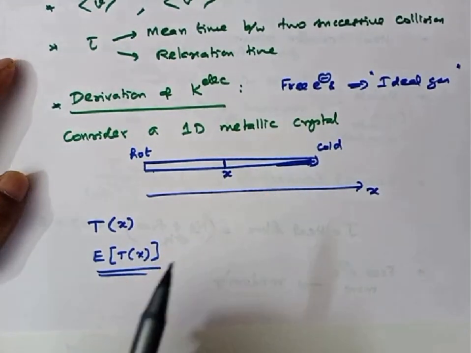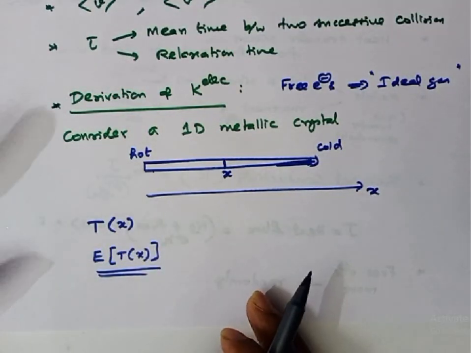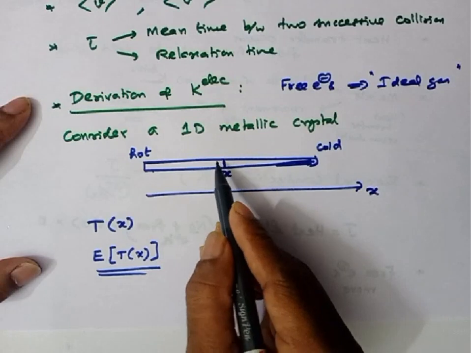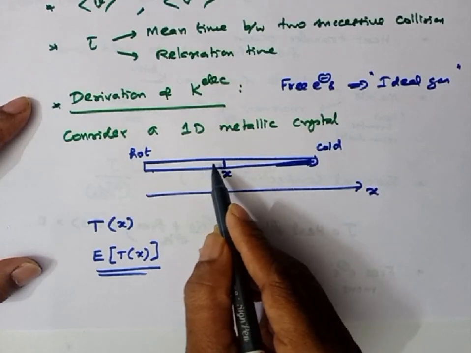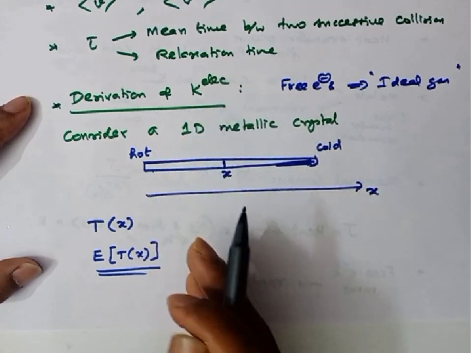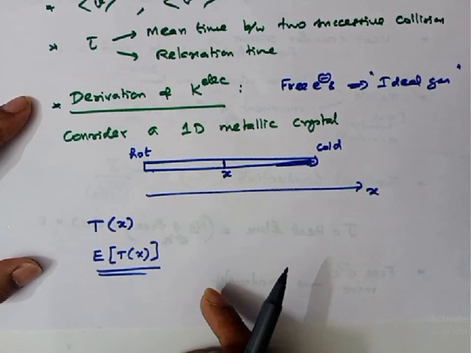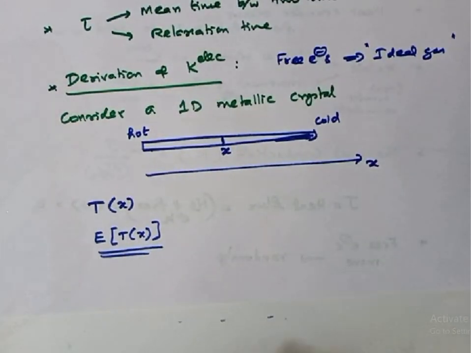You know very well, if a collision occurs, the energy will change. So we need to identify the average location where the collision would have occurred before the point X.